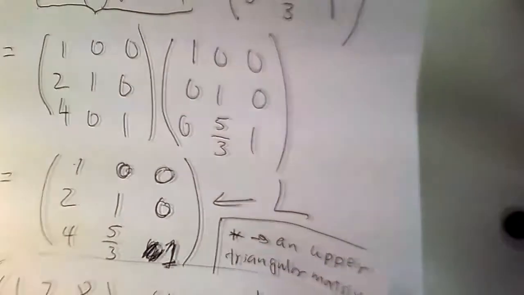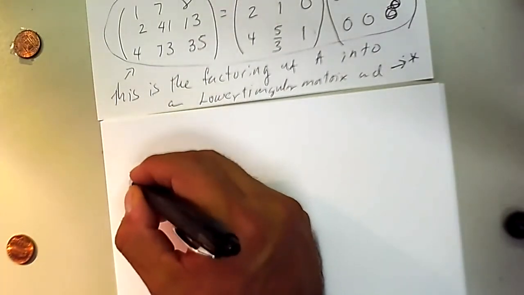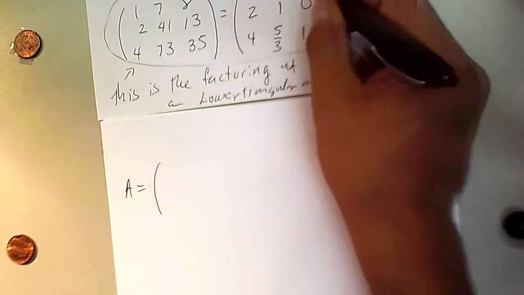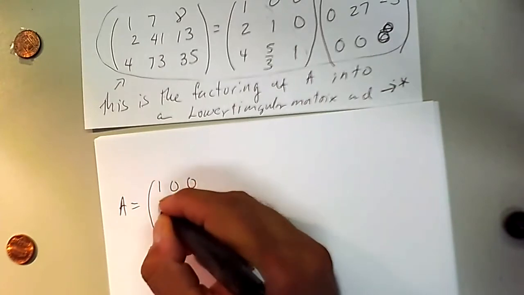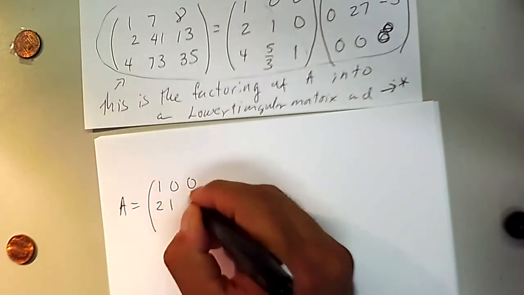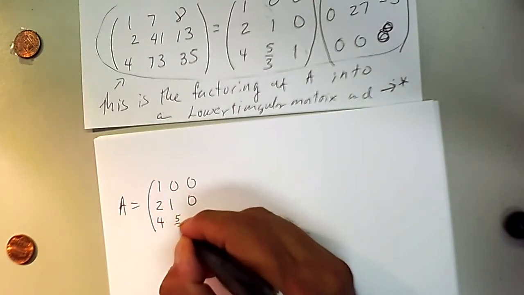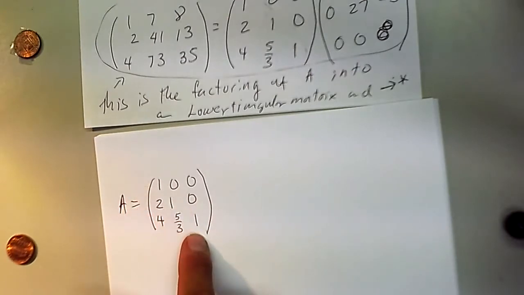So A equals, this one is already beautiful. It is the way we wanted it to be. 1, 0, 4, 5/3, 1. Upper triangular with 1s in the main diagonal.